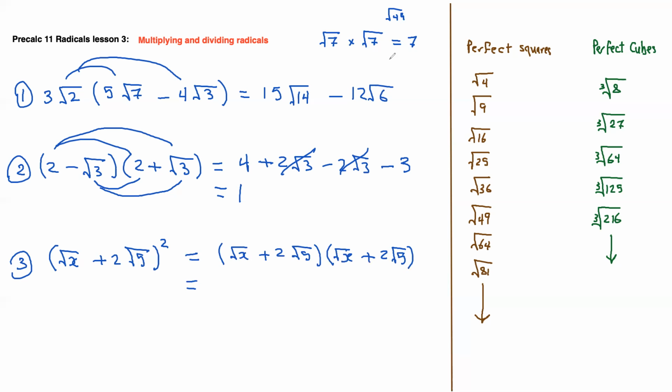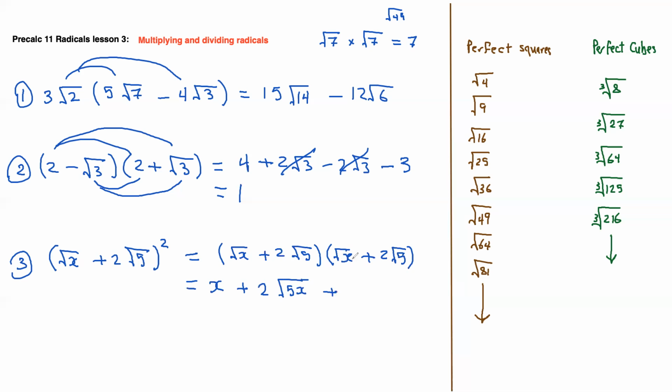If you multiply a root by itself, just get rid of the root. So this is simply x, or you could write root x squared, which is x anyways. And then root x times 2 root 5 is going to be plus 2 root 5x.